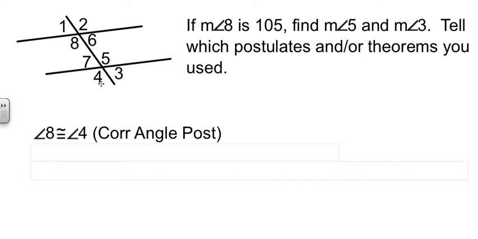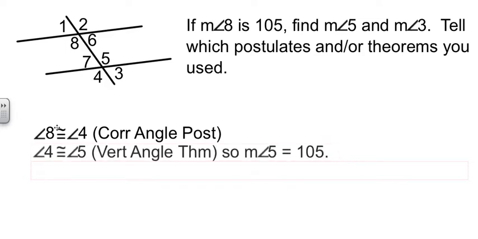They're in the same basic place. Knowing then that 8 is equal to 4, I also know that 4 is equal to 5 from the vertical angle theorem from last chapter. I believe the number was 2.8, but I could be wrong about the number. The name, though, the vertical angle theorem, is the correct name for it.